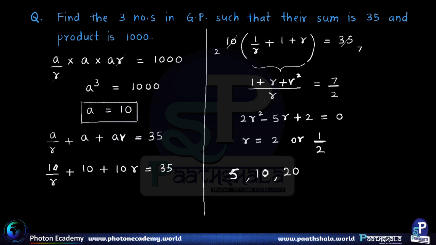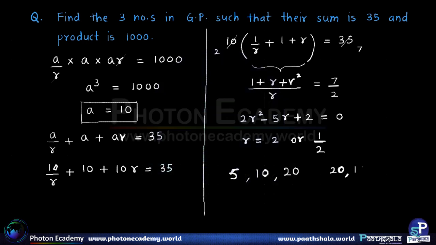Now if the ratio is 1 by 2, we will get merely the same terms but in decreasing order. So in that case the first term will become 20, the second term will become 10, and the last term is nothing but 5. So therefore basically the three required numbers are nothing but 5, 10 and 20, which is the answer.